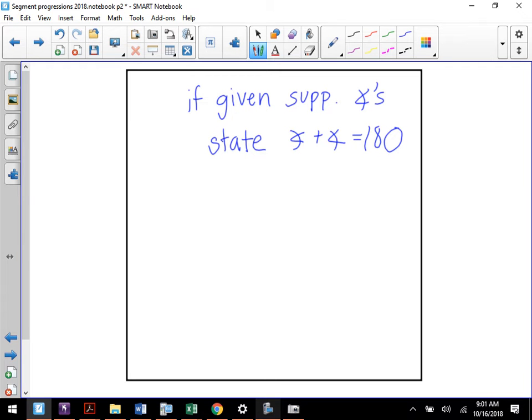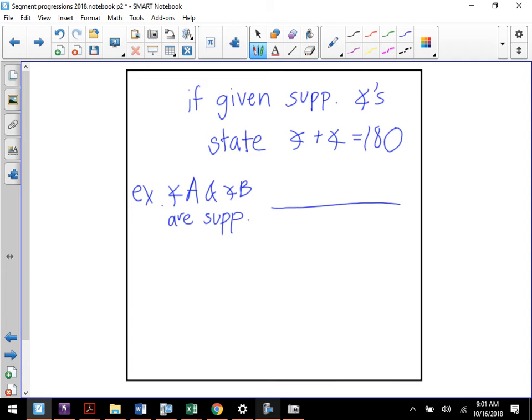I'm sure Mr. Murphy's given you some trick to keep supplementary and complementary straight. I know I use alphabetical, what comes first or what number comes first. Works well for me. So then your example, your given would be that angle A and angle B are supplementary.